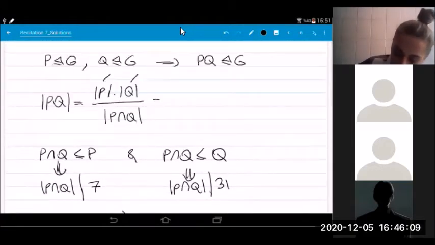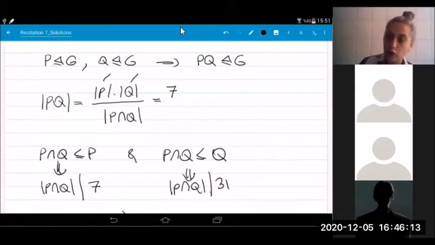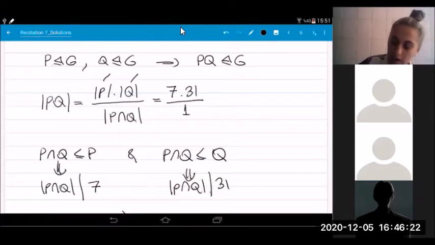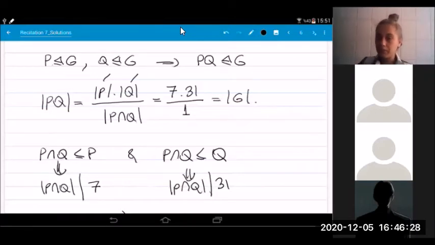So what is this one? We have 7 as the order of the Sylow 7 subgroup, 31 as the order of the Sylow 31 subgroup, over 1, which is the order of the intersection. But this is nothing but the order of G, right?